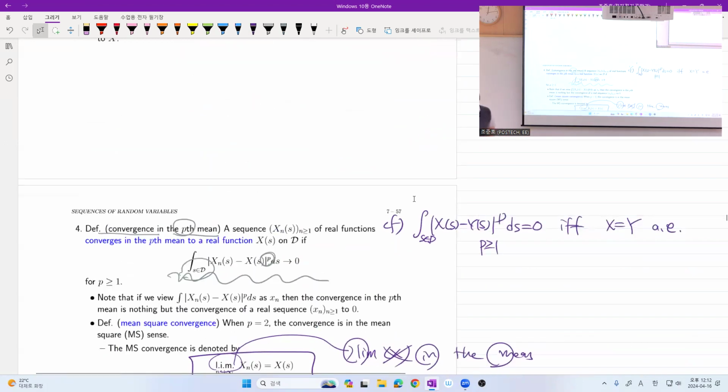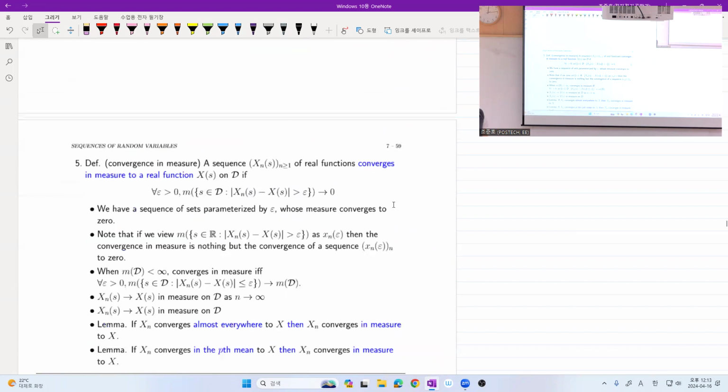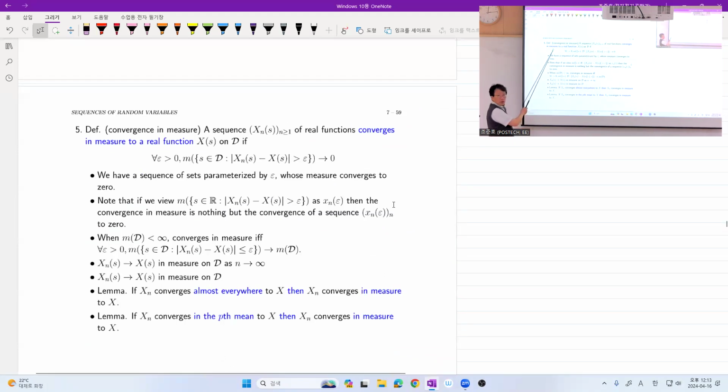You also remember something similar to this one. What was that? For every epsilon positive, I introduced some set, right? And said that this equals 0 if and only if x equals y almost everywhere, right? So now what about something similar to this one when we have a sequence of functions? Again, this gives us a new and different definition, and that is this one: convergence in measure.